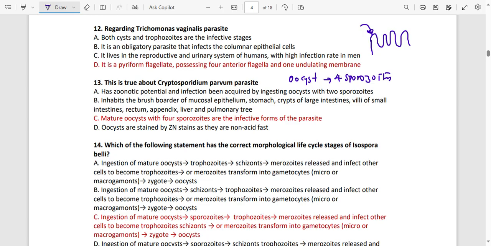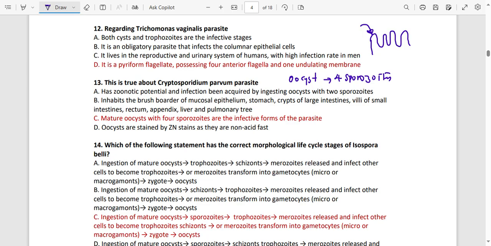And the way they are spread, Crypto is spread via fecal oral. And autoinfection is possible for this guy. Take note, besides Strongyloides, this guy has also got autoinfection. And just like other parasites which are not nematodes, it is also monoxenous.